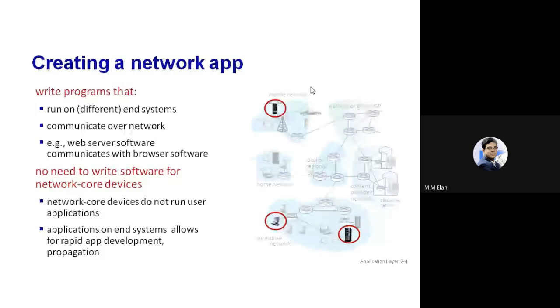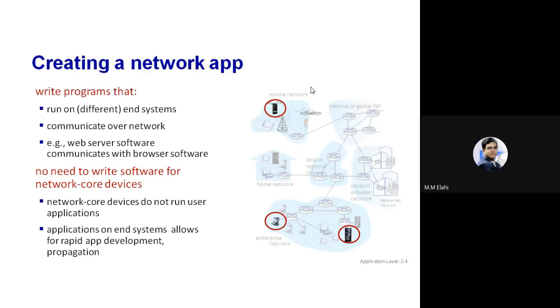Can anyone say what part of the internet when we talk about network applications? Network is, right? It's a network itself. All applications work at the network edge. That means network edge contains only different types of end systems.